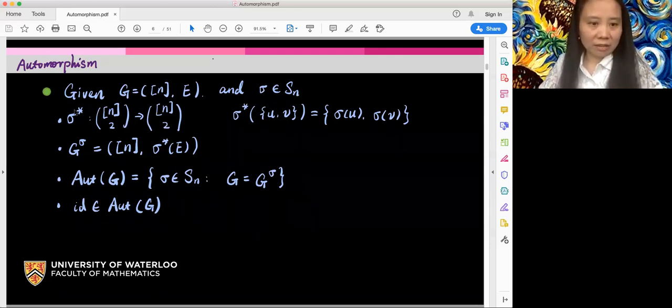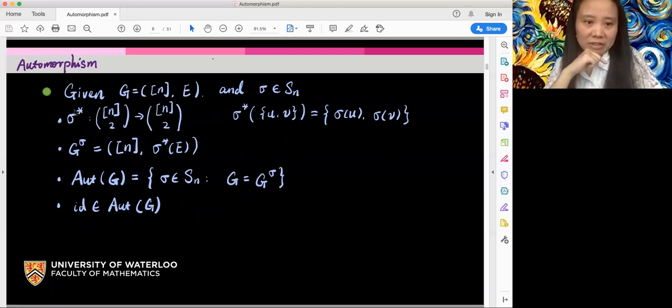I can define this sigma star, which is also a permutation. It's a permutation of the set of edges in the complete graph. So basically it's defined by any pair of vertices, this sigma star maps to the pair of vertices under sigma. It's just like when you move the vertices in your graph, it moves the associated edges in the graph as well.